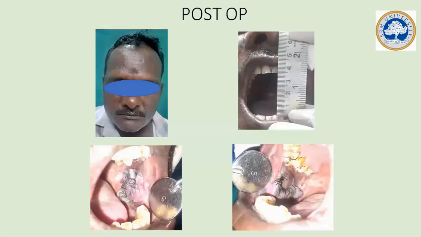This is the post-op patient, able to open the mouth more than 35 millimeters. The only problem with this flap in males is the growth of hair in the region. After 6 to 8 months it tends to mucosalize, the hair growth tends to become less, and finally it gets mucosalized fully.